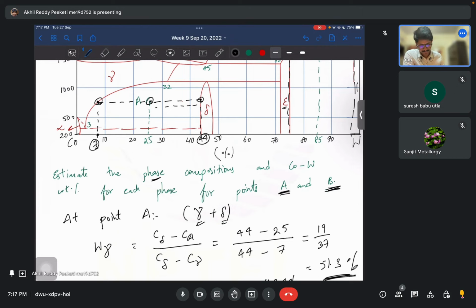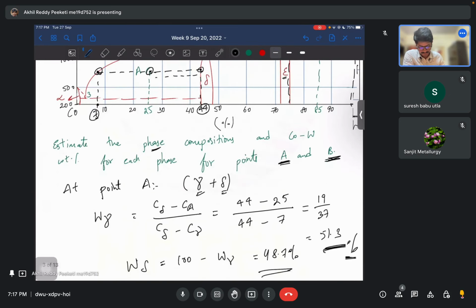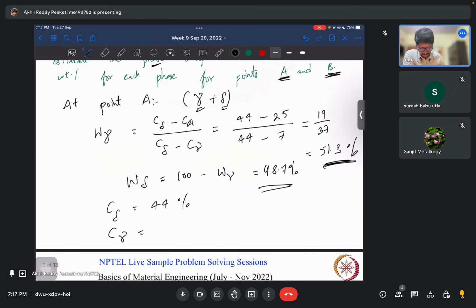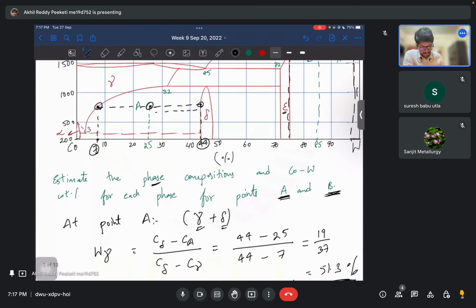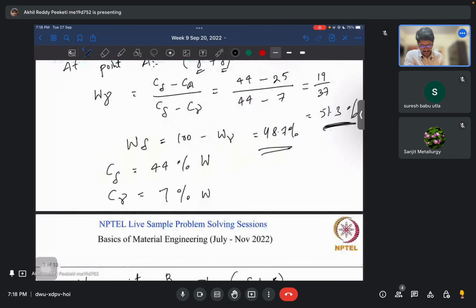So we have already estimated that. The delta phase has a composition of 44% and the gamma phase has a composition of 7%. Using that only we estimated the fraction of gamma phase in the total phase. So let's move on to the next question.